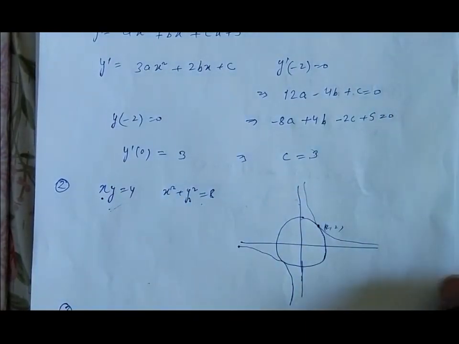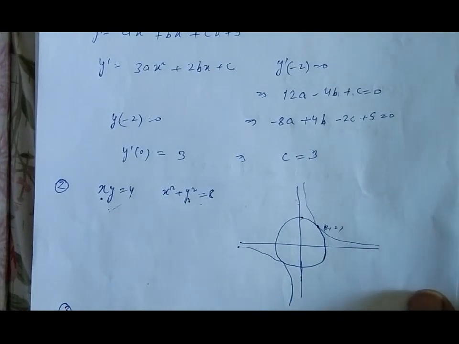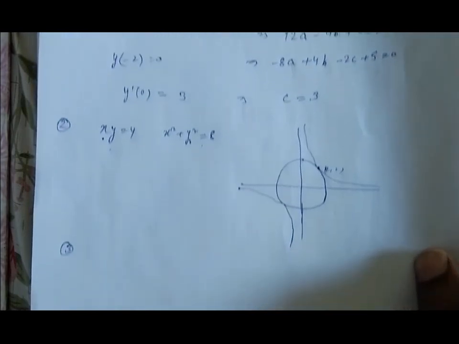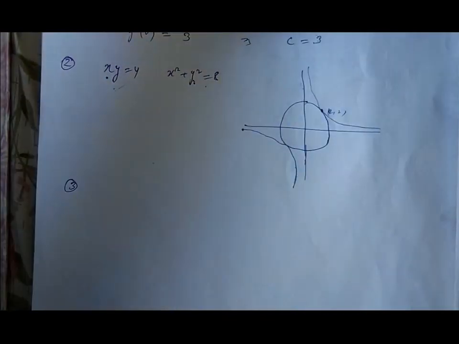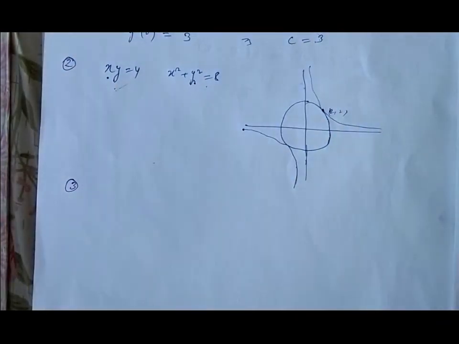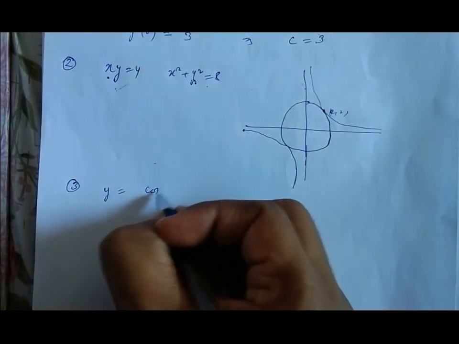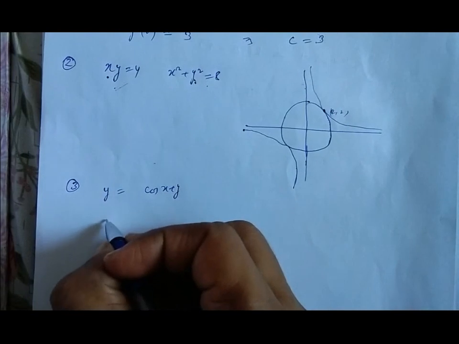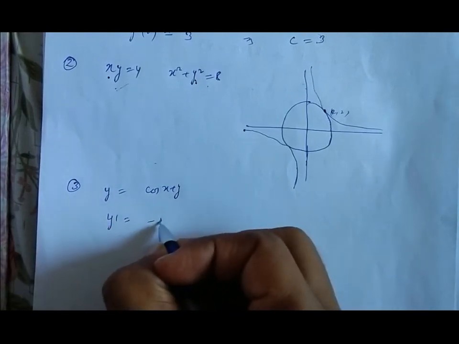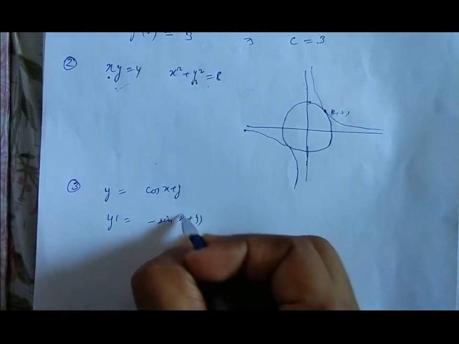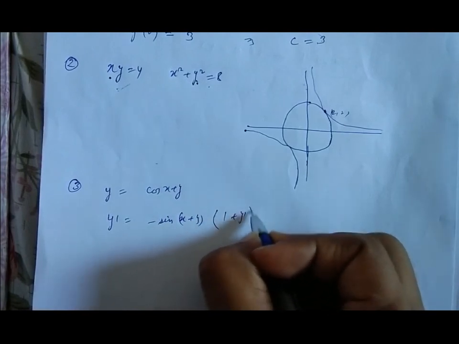Find all tangents to the curve y equal to cos of x plus y that are parallel to the line x plus 2y equal to 0. So here it goes, question number 3. So y is equal to cos of x plus y. So y dash equal to minus sin of x plus y times 1 plus y dash.